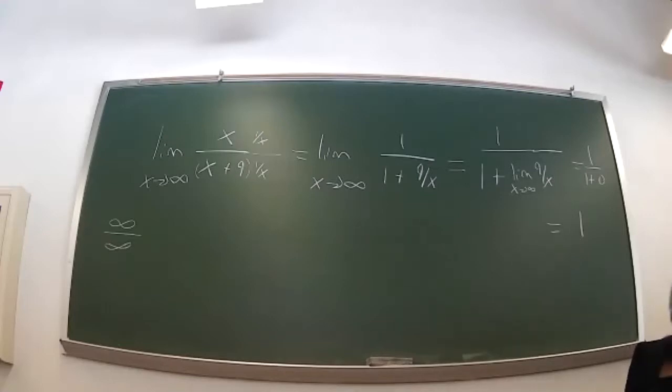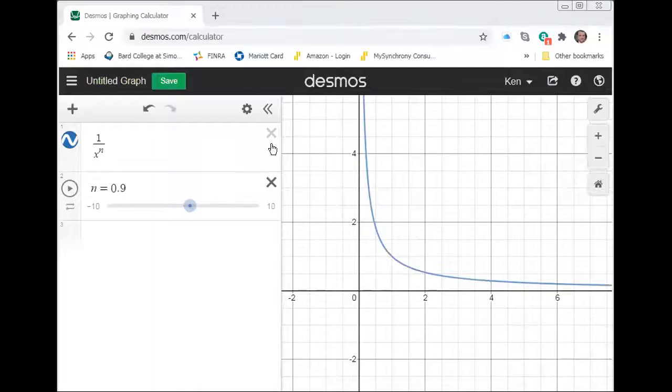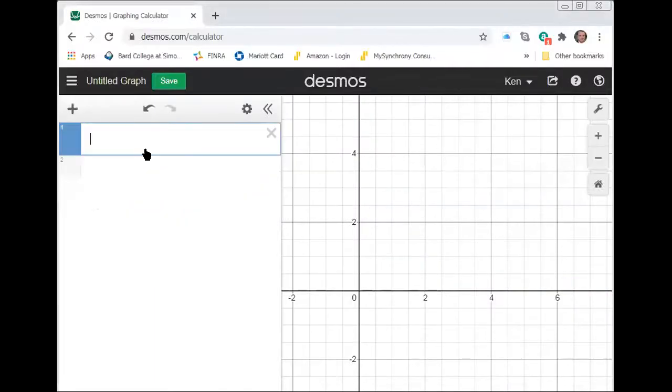And we can also check that out on Desmos. On Desmos, the function was x over x plus 9.